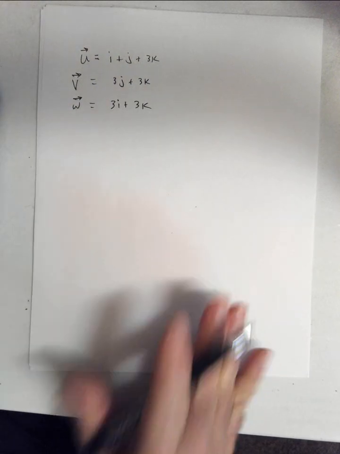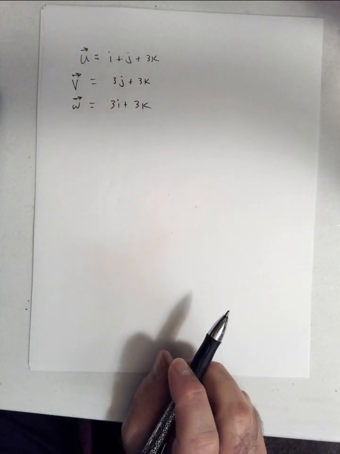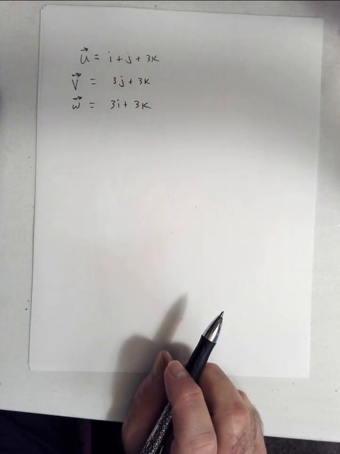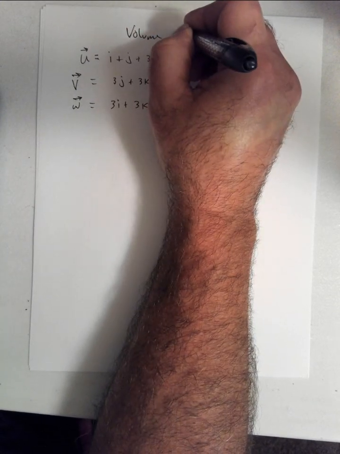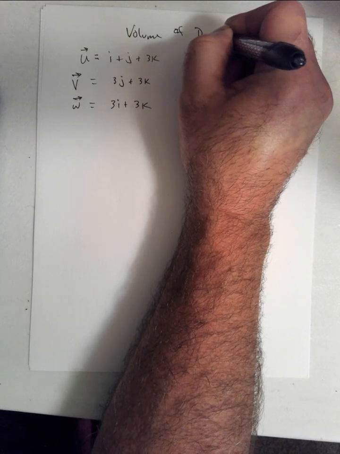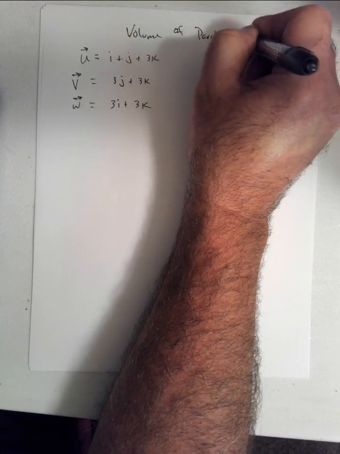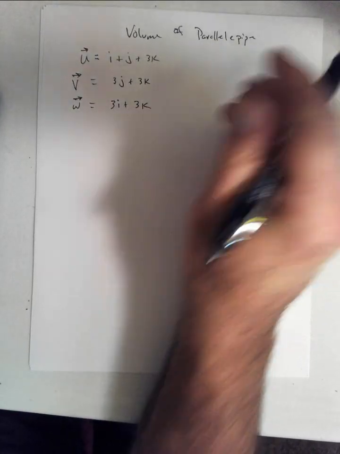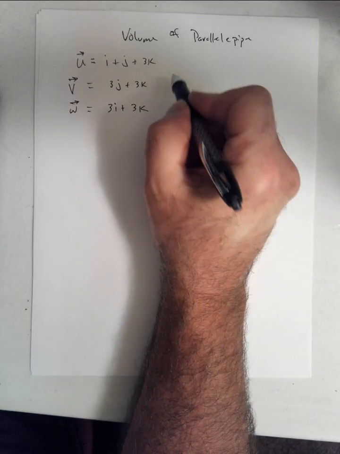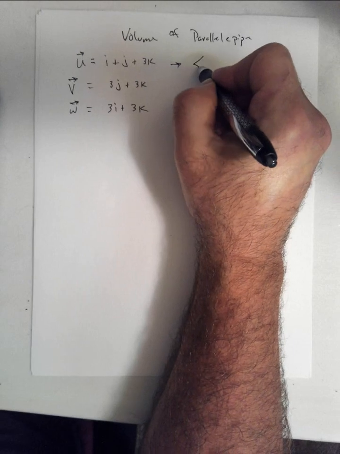Okay, so again, three vectors, right? They form the edges of a parallelepiped, and we want to find the volume of the parallelepiped. So this is written in that linear format, so we're going to go ahead and get my three vectors.